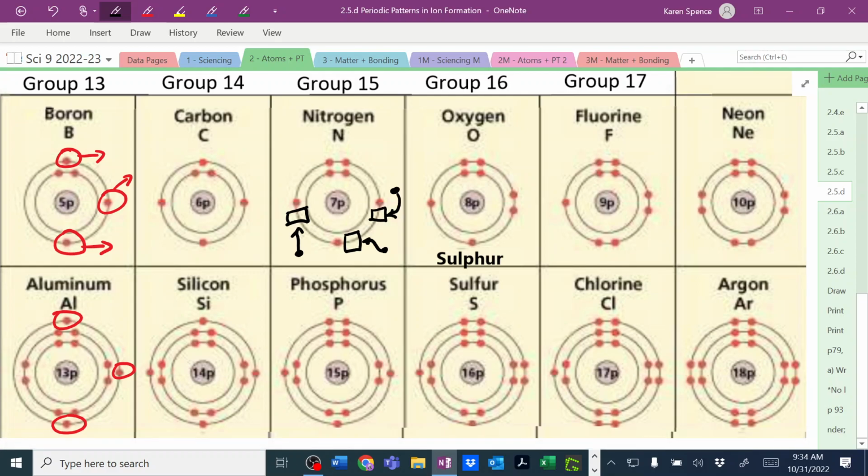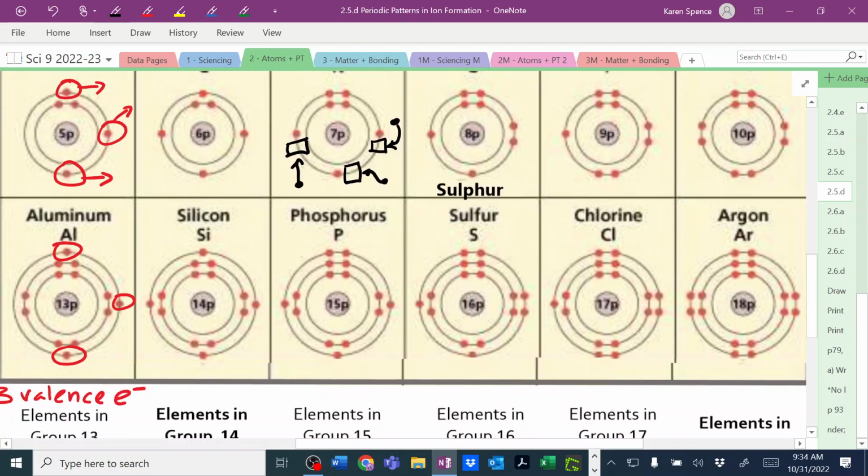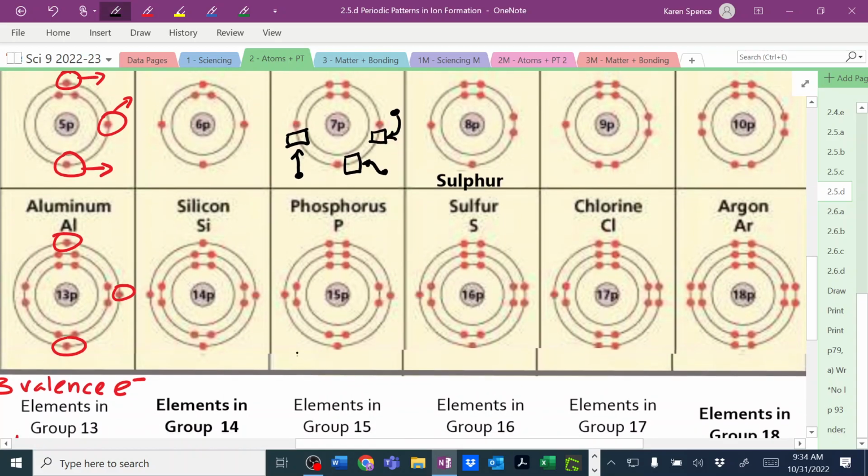So these guys are going to do what? They are going to gain how many electrons? They're going to gain 3 electrons. How many electrons are in their valence shell normally?